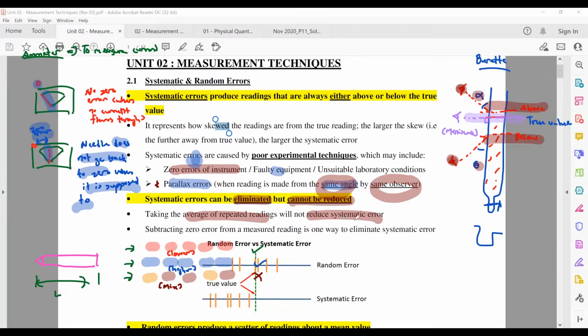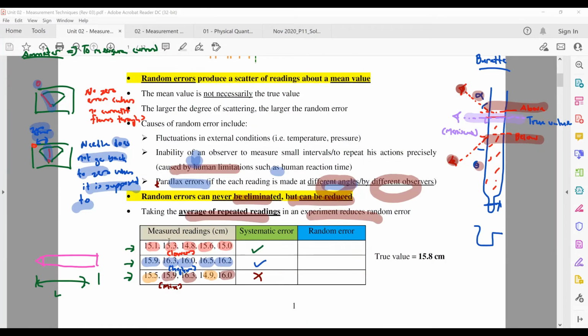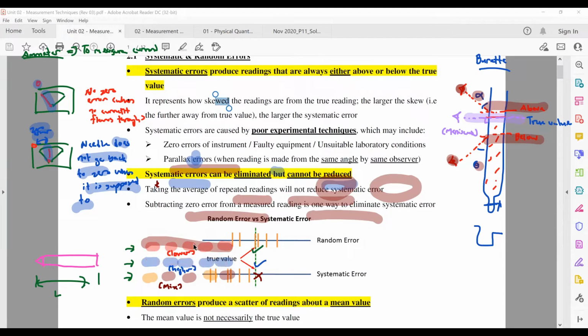For the case of the readings that you have here, if you take repeated readings and you take the average of the first set of readings, you will still get a reading that's below your true value. And then you take the average of your repeated readings for the second set, you still get a reading that's above your true value. You won't be able to reduce your systematic error. Okay, so systematic errors cannot be reduced, but they can be eliminated.